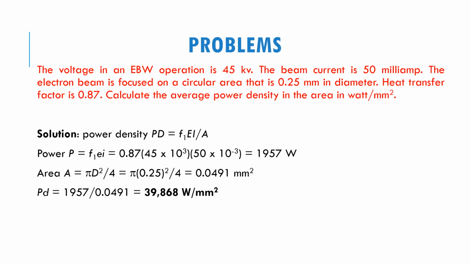Area A equal to pi d squared over 4. When you calculate, it will become 0.0491 mm squared. Then PD will be 1957 divided by 0.0491, so you'll get around 39.8 kilowatt per mm squared.